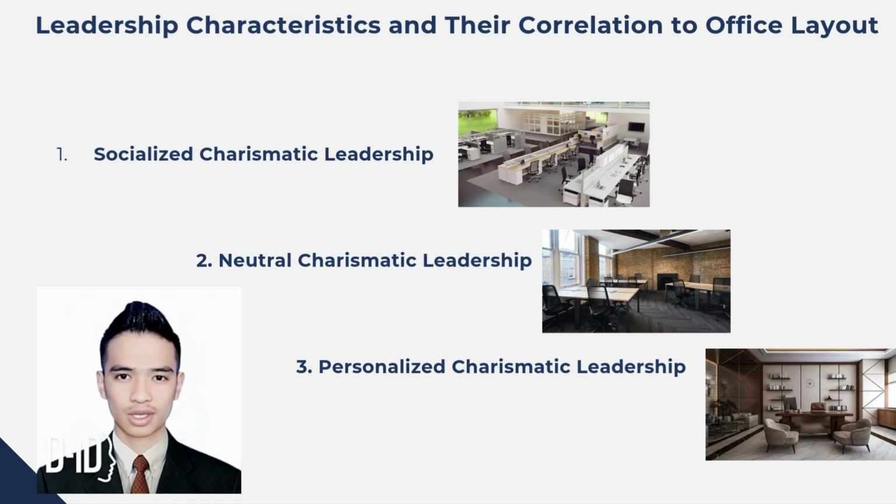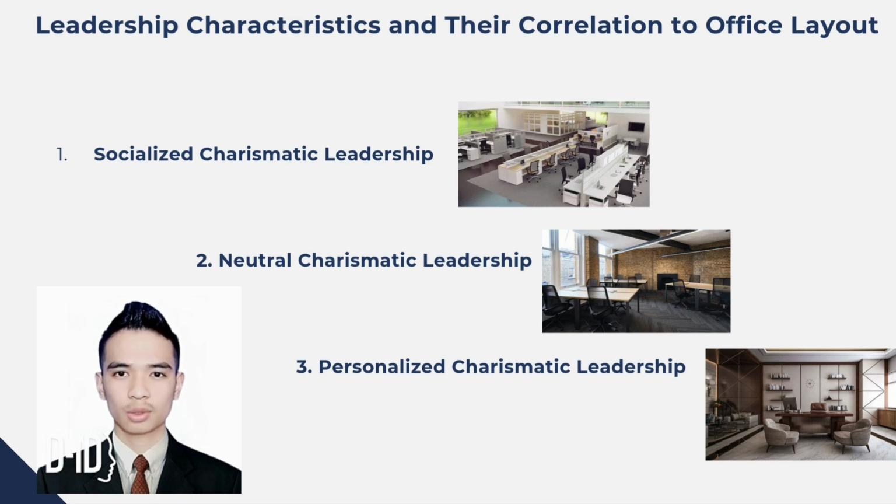Third, personalized charismatic leadership. This leadership style prefers having separate and isolated personal spaces, signaling power and control. This can create distance between the leader and team members, which may negatively impact workplace relationships. When viewed from various types of leaders, the relationship between office layout and leadership lies in how the physical environment can support or hinder these leadership styles.